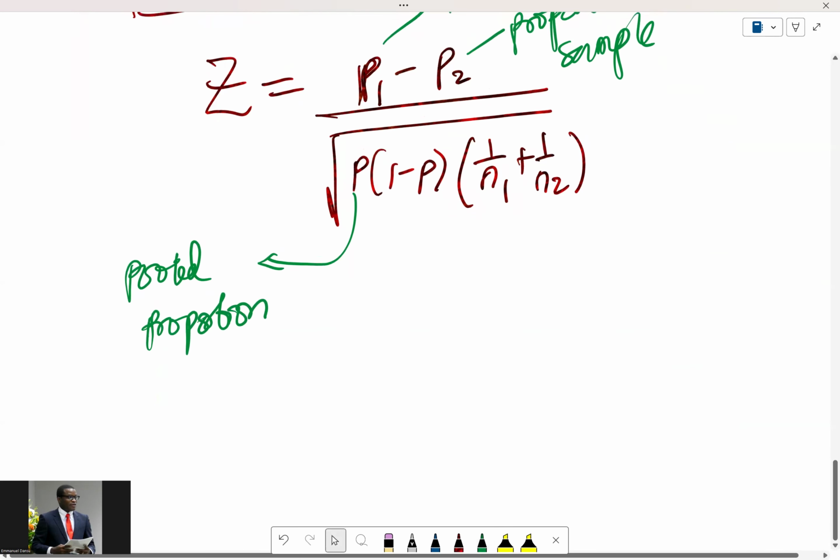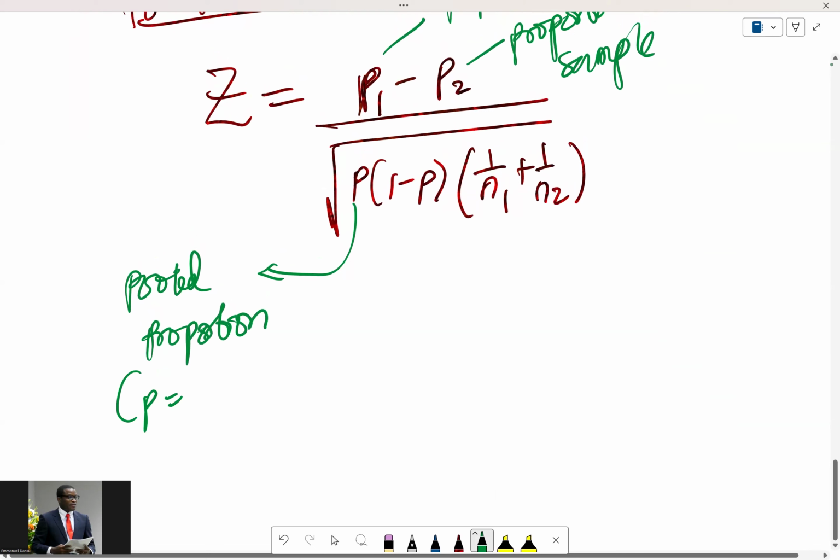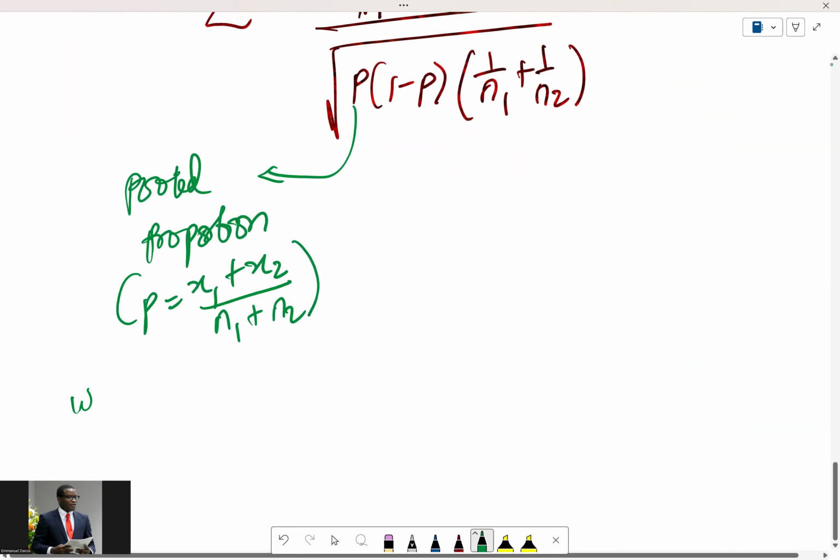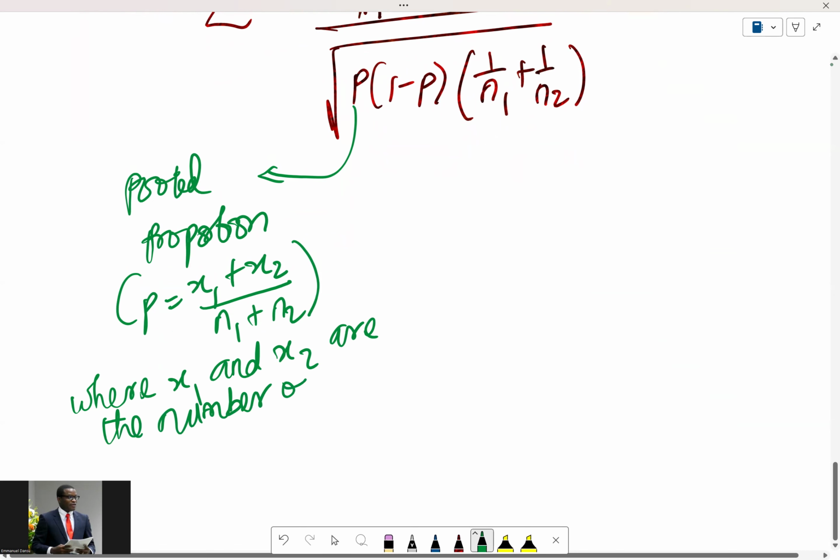And that pooled proportion is calculated like this: P equals (x1 plus x2) divided by (n1 plus n2). That is how you get the pooled proportion. Here, x1 and x2 are the number of successes in each sample.